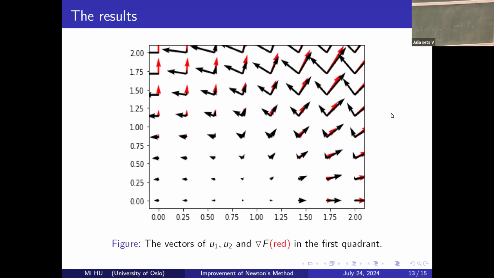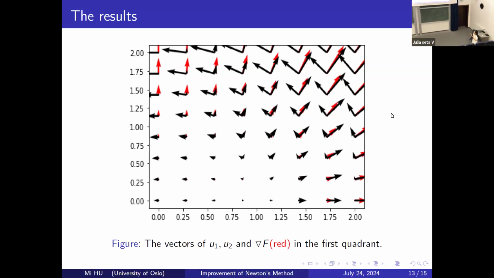We figure out this phenomenon: if X and Y both are positive, then this gradient of capital F, if you project it onto these eigenvectors u1 and u2 on the first quadrant, we can see that the red vector is the gradient.